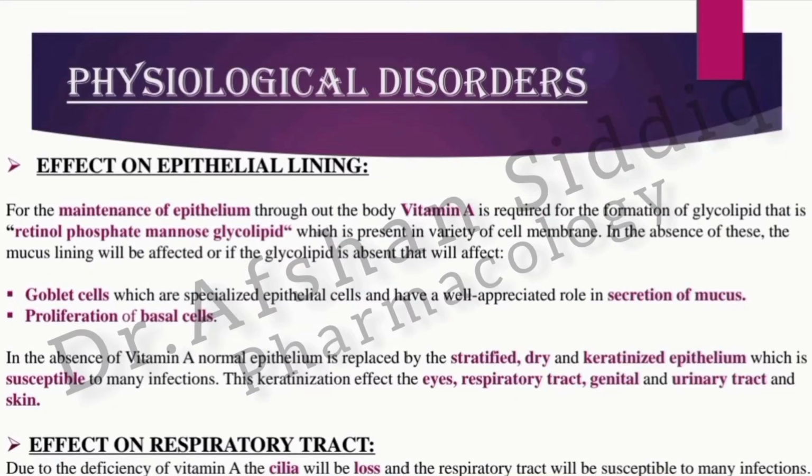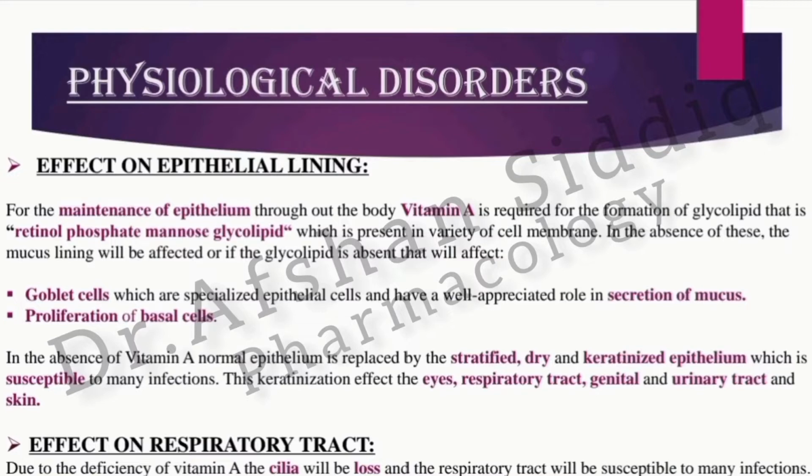Another important function of vitamin A is the maintenance of epithelium. Vitamin A is required for the formation of glycolipid, and if you recall from your subject in 309, I told you that glycolipids are basically compound lipids.